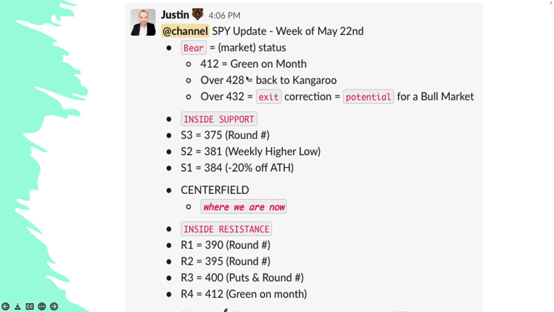And we already walked through the reasons why we could go green on the month. We also have to note that quantitative tightening begins on June 1st. So if we are below 412 next Wednesday as we're opening up the month, that means that we're probably going to have resistance there. Over 428 gets us back to negative 10.